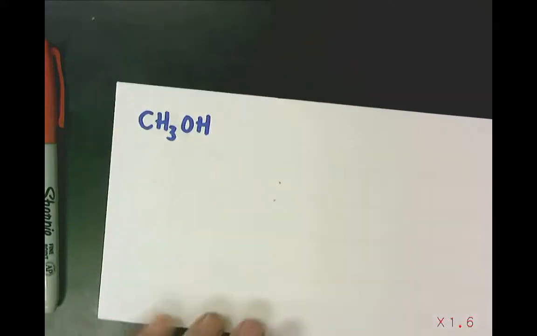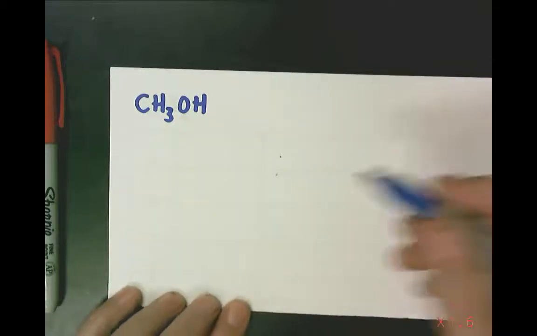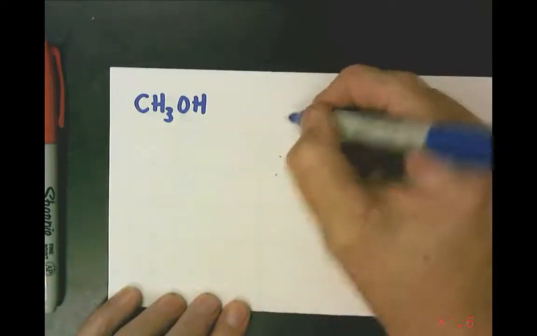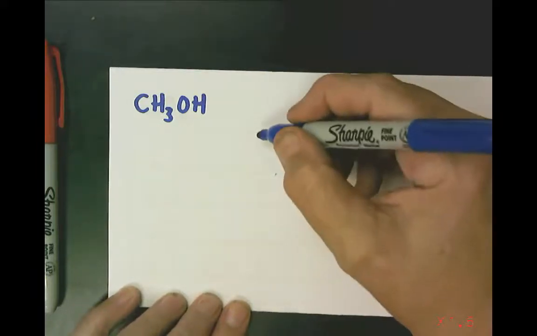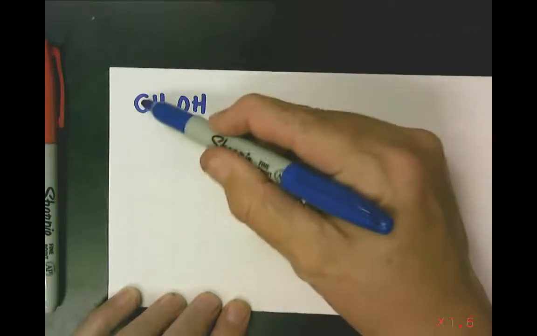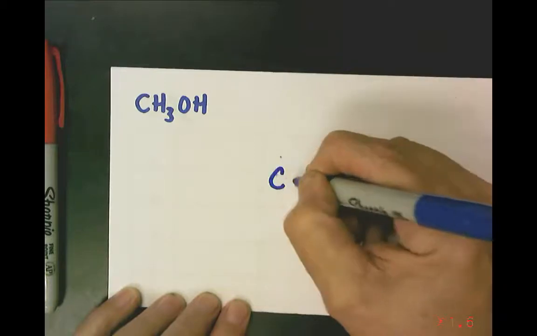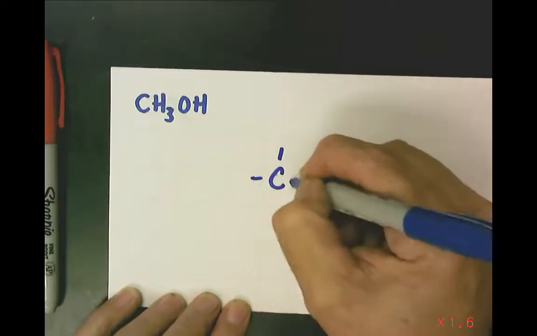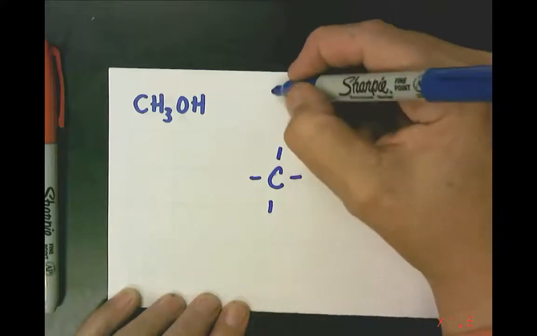Okay, here's an alcohol. This is methanol or methyl alcohol. Okay, you probably can already see the structure for this one. And so what would be the central atom? Okay, well again, this would be the central atom. So you'd have carbon in the center. Okay, and we could count all the valence electrons first.